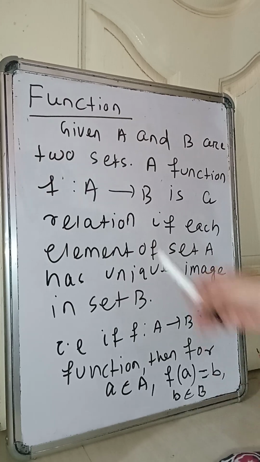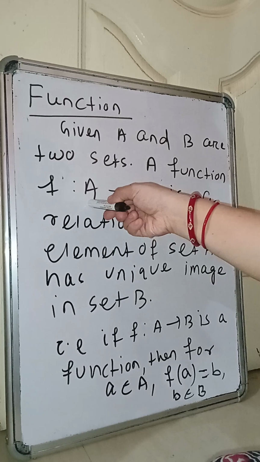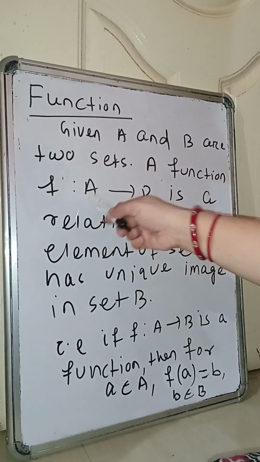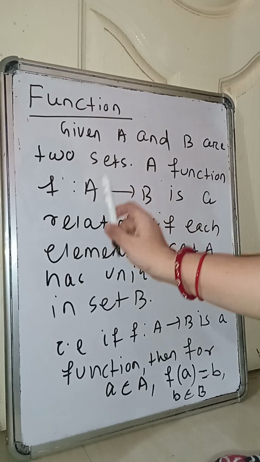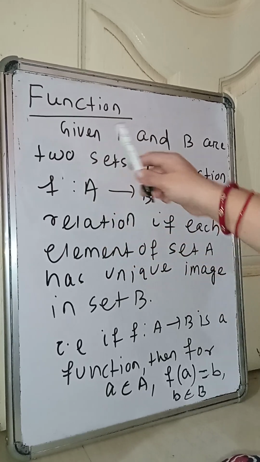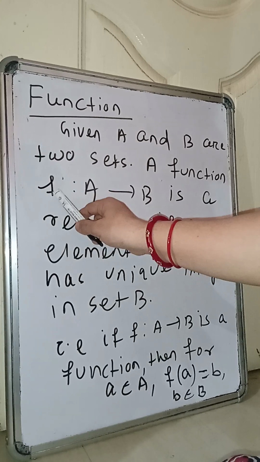Whatever element you take from set A, it has an image in set B. All elements, each element. Then for each element of set A, it has a unique image in set B under this function.